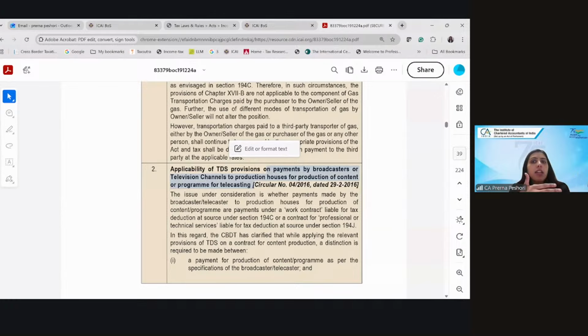So if they make the payment to the content producer, the production houses, the issue under consideration is whether the payments are made under a work contract, which requires TDS under 194C, or is it a contract of professional or technical services when the TDS will come under 194J.